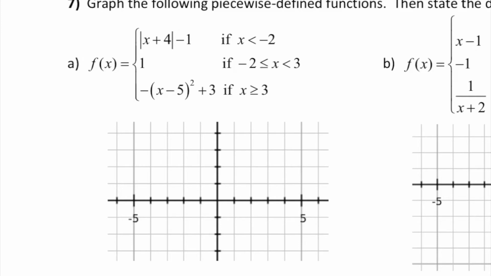Make sure you understand the different pieces of the graph and where the different points are on the graph, and just remember that Desmos won't show you the open and closed circles, so you'll just need to remember how to do open and closed circles without the help of Desmos.